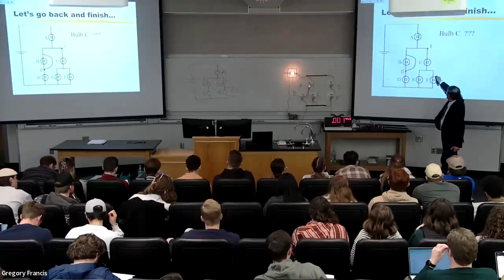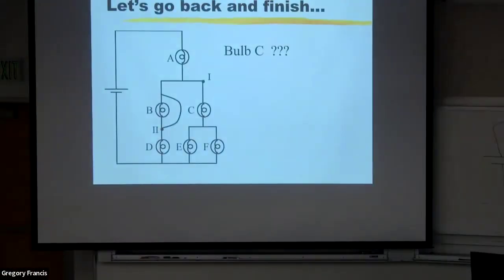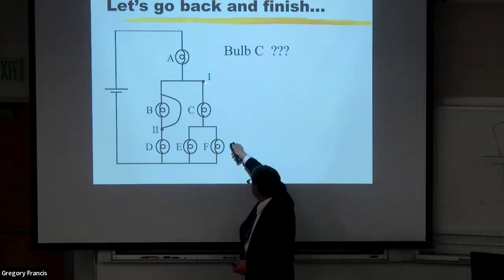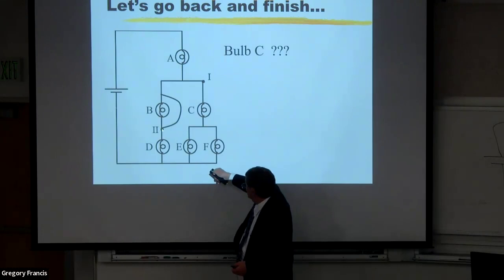Why doesn't it matter if I move that junction from here to here to here to here to here to here? It doesn't matter because there's no voltage change across the wire if it's a perfect wire. So if I go from here to here, I've got the same pressure difference across that wire than I do when it's here to here.